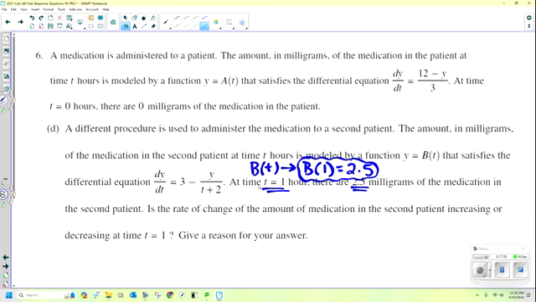All right, so is the rate of change of the amount of medication in the second patient increasing or decreasing? By rereading that, I know exactly what I've got to do. Resist the urge to just throw a 1 in here and answer the question. This is indeed the rate of change. However, they are asking you, is the rate of change, which is this thing, increasing or decreasing?